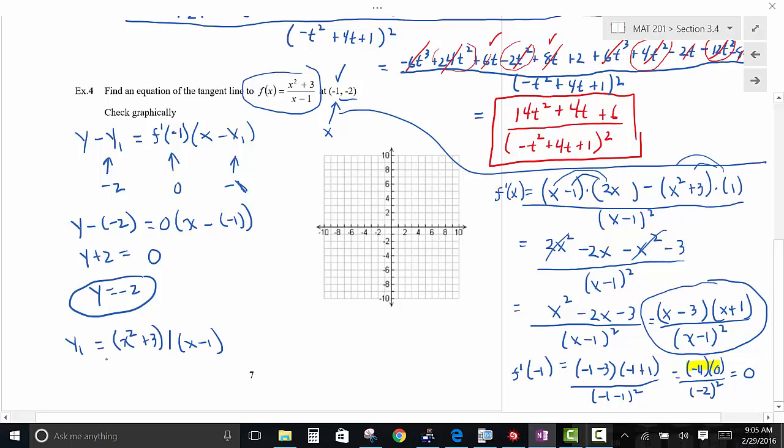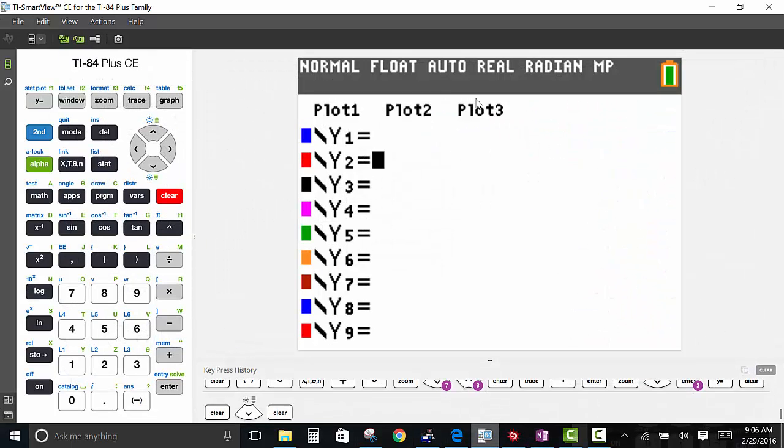And then also in y2, graph out our equation of tangent line, which is negative 2. Put those two things in, and then we'll take a look at it and see what we get. Put those two things in and see if it makes any sense to you. Just do the zoom standard, and then I'll display my calculator up here so you can see what I'm doing.